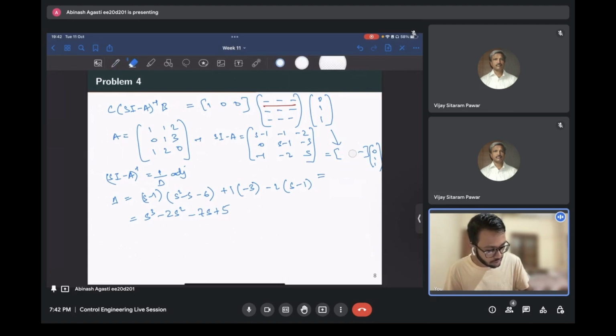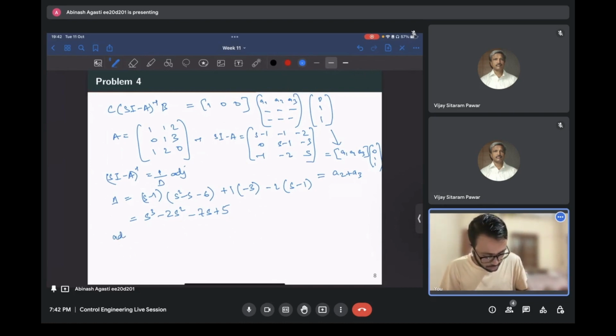Let's take this as A1, A2, A3. Then we'll have A1, A2, A3 here, and this is A2 plus A3. So now what does that mean? We just need to find out A2 and A3, those two terms of the adjoint matrix.